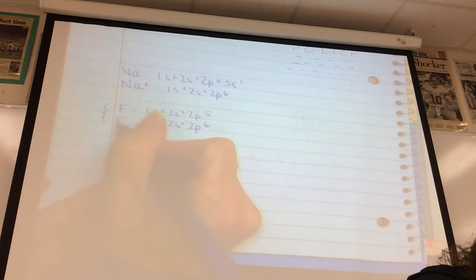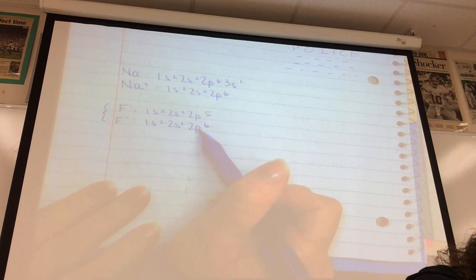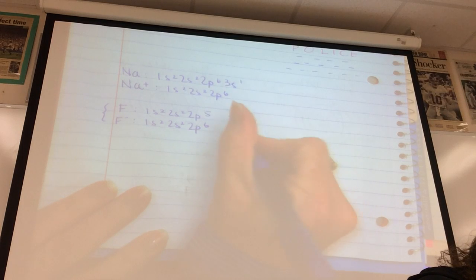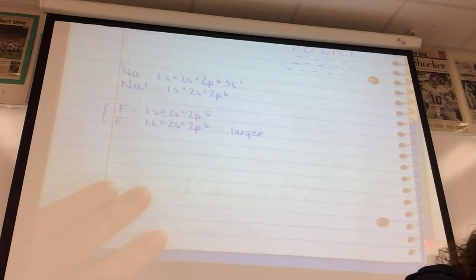As a result, the radius of the anion is larger for two reasons.